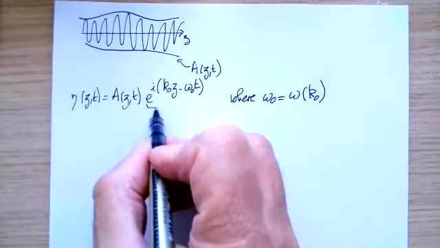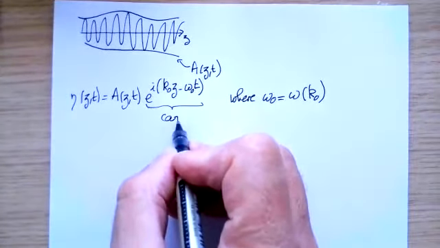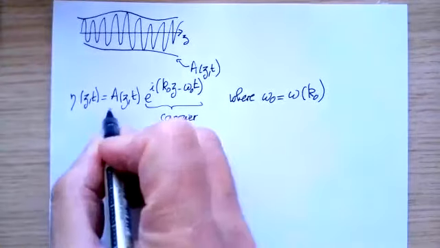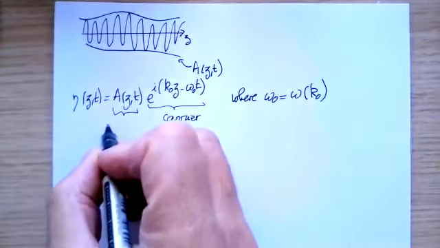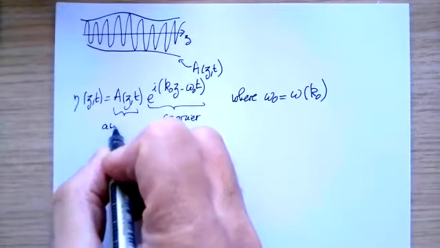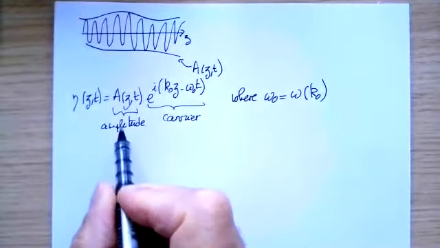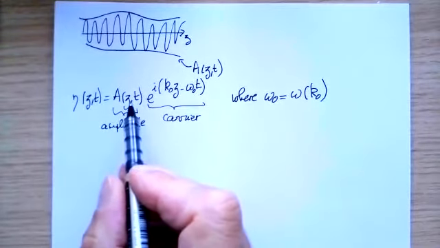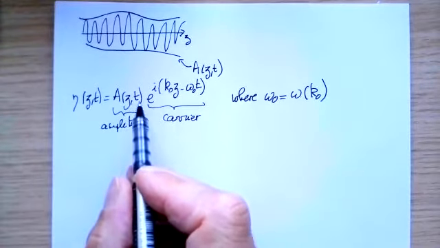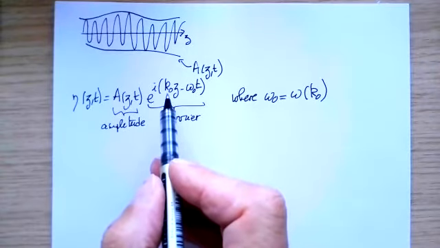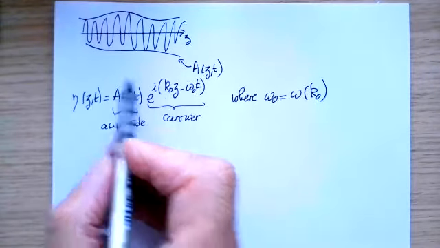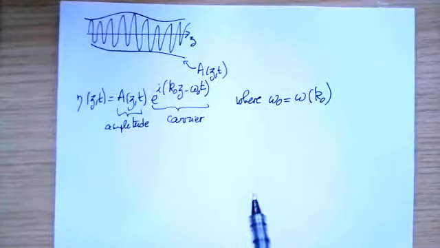So this is the carrier wave, and this is the amplitude, and it's supposed to be slowly varying in the sense that its typical length scale is much larger than the wavelength 2 pi divided by k naught, okay? It's illustrated here.